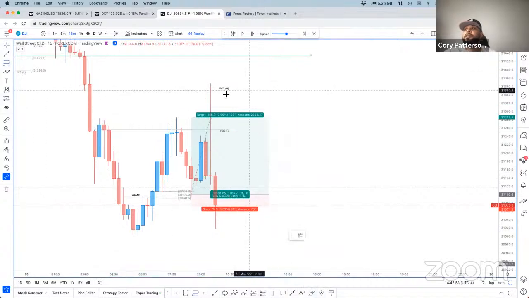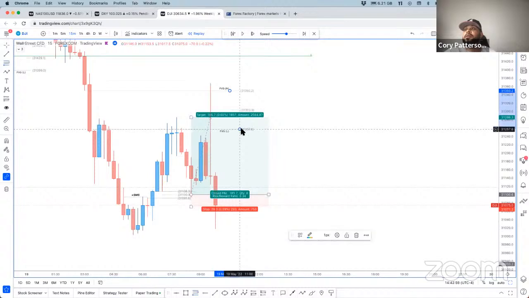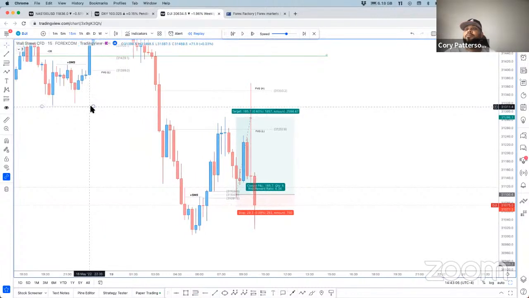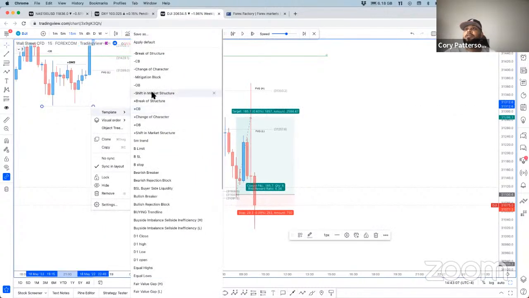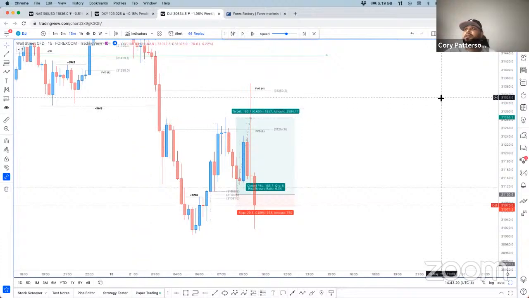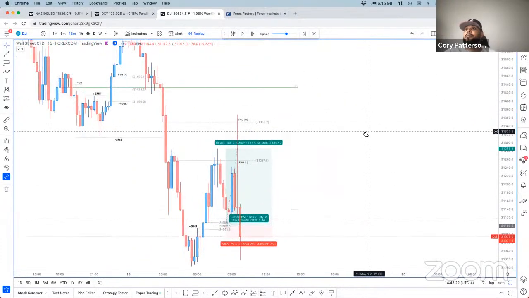The levels you consider right here. And then you know we got a gap right here. If we scroll over to the left, these lows, that's our shift in market structure, right? Let's pull this out right here. That's our shift in market structure on the lower time frame, right?